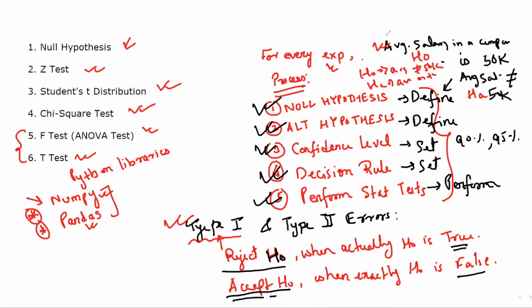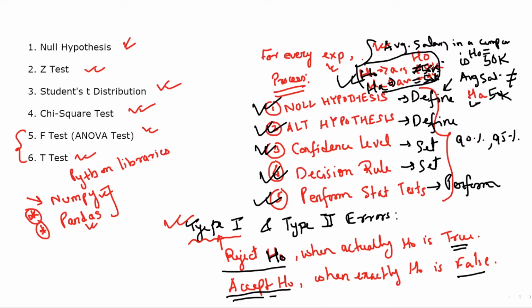Maybe I'm just giving an example for you to understand. Maybe that is the actual result, but what you have done is taken the reverse in your definition. You have said null hypothesis: average salary is equal to 50k, and average salary not equal to 50k is my alternate.